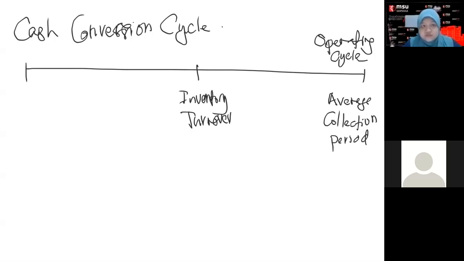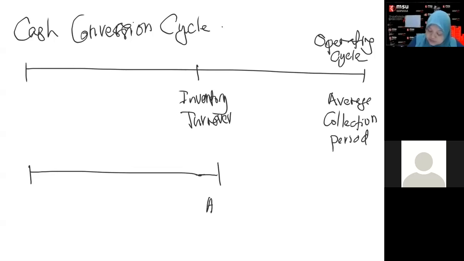Then after that, once you get all the cash, you need to pay back your supplier. This duration, we call the average payment period. How are you going to pay your supplier if you don't have enough cash? So you need cash from your client. Your client will pay you cash, then using that cash you can pay your supplier.